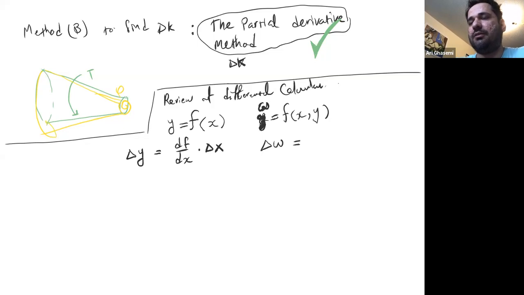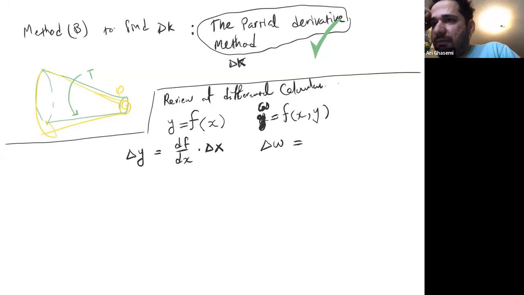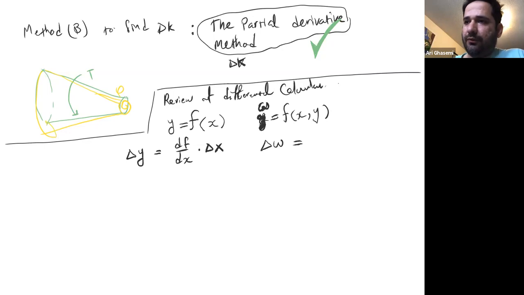What should I write? Bonus? 60 seconds, this is just basic multivariable calculus. What should I write for delta omega? Omega is a function of two variables.